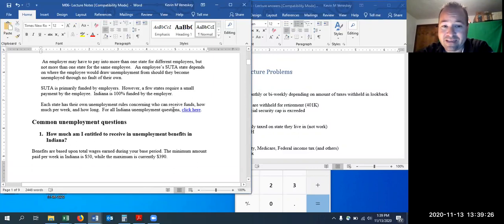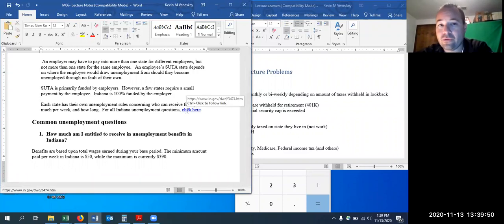There are a few states, and I believe Pennsylvania is one, where a small percentage does come out of the employee's check. Every state has their own set of SUTA laws. It was required back in federal law that every state have a SUTA fund for unemployment. Indiana has a very detailed list here. You can click here and get the whole scope of what you need to do to get unemployment. Lots of things going on there.